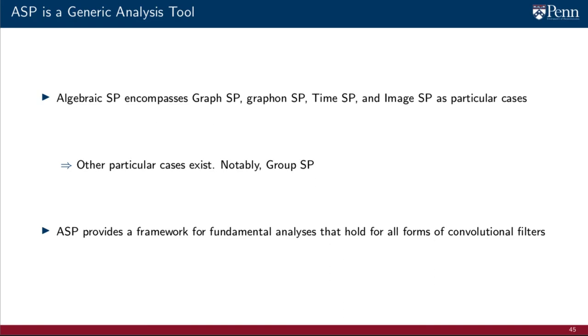Our particular interest will be in constructing an abstract framework for algebraic convolutional neural networks. Out of this framework, we expect to find abstract stability properties that hold for all particular cases, namely graph, graphon, time, image, and group convolutional neural networks.